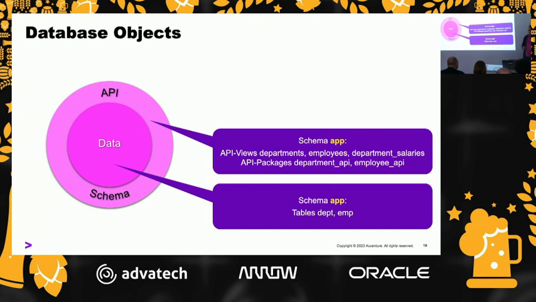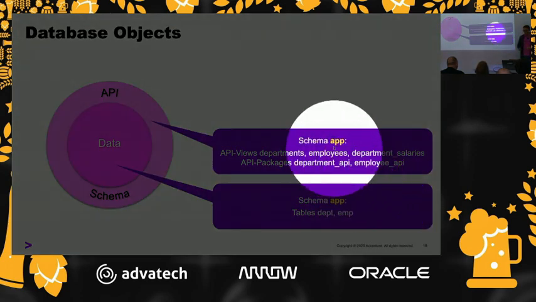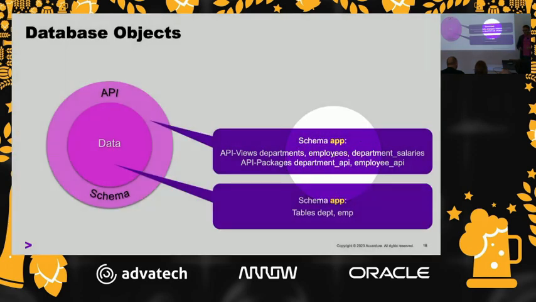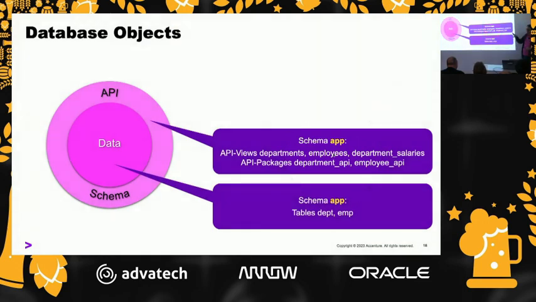There are packages for department and employee API. Don't think about it as a table API. Think about it as a transactional API, as an XAPI. And there's something very important I tried to highlight here with app. Both these things are installed in the same schema, in the app schema. There is this misconception that the data should be stored in a dedicated schema.